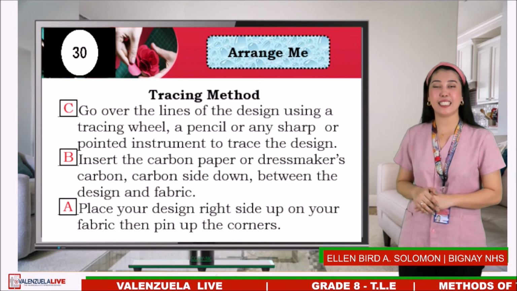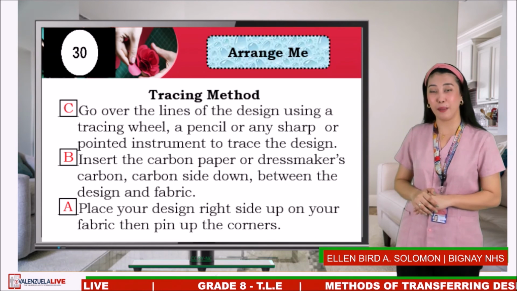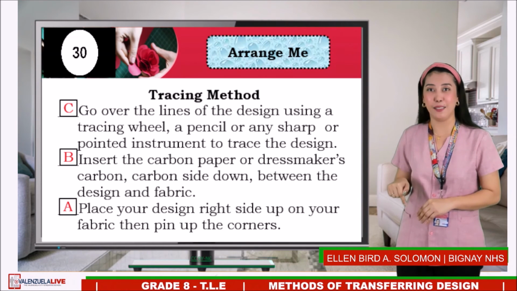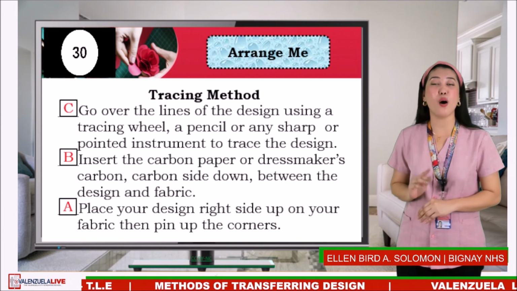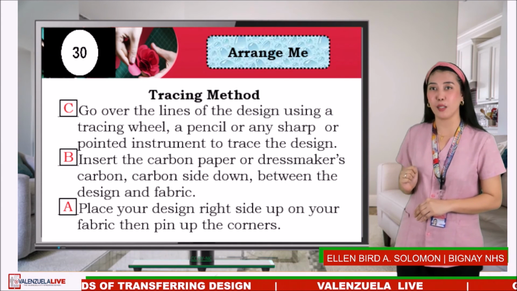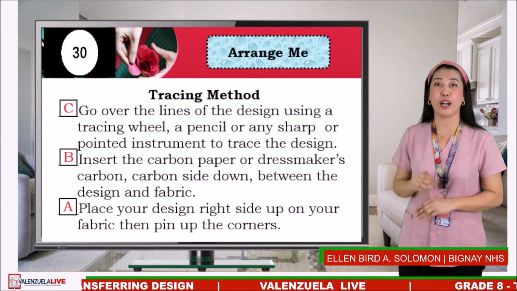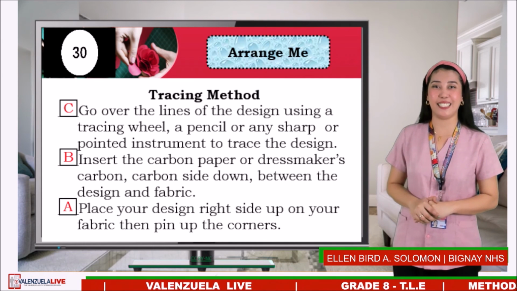Next is insert the carbon paper or dressmaker's carbon side down between the design and fabric. And lastly, go over the lines of the design using a tracing wheel, a pencil, or any sharp or pointed instrument to trace the design.